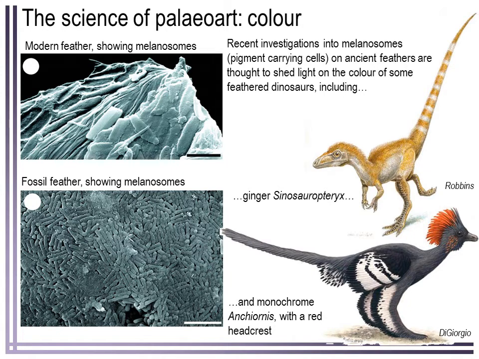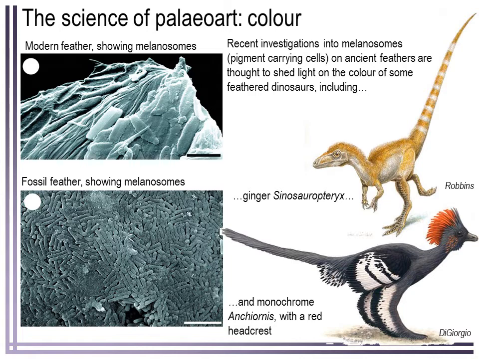Of course, there are more sophisticated ways of determining the colours of fossil animals as well, and these involve looking at pigment cells, otherwise known as melanosomes. We can look at the pigment cells that are preserved in fossil feathers and in fossil skin, and compare them with those of modern animals to get some idea of the colour correlation.